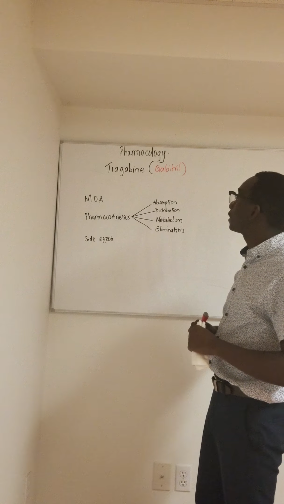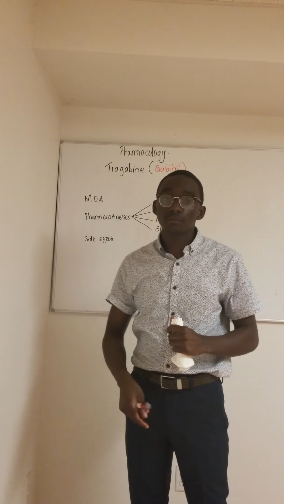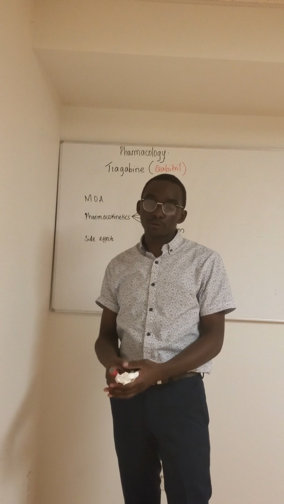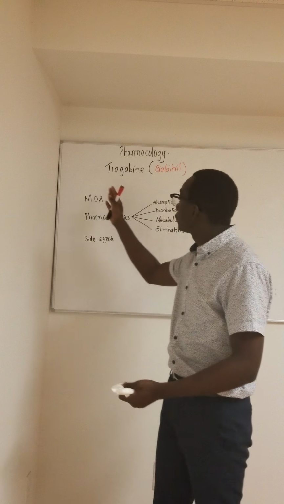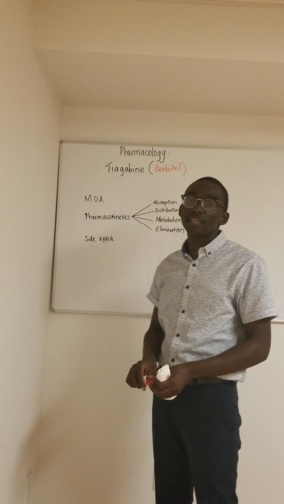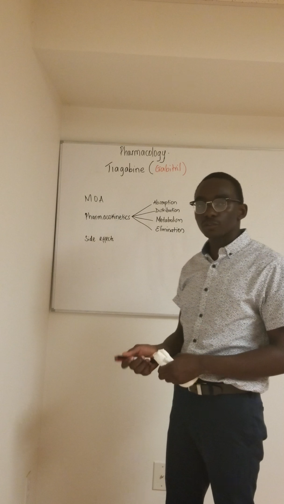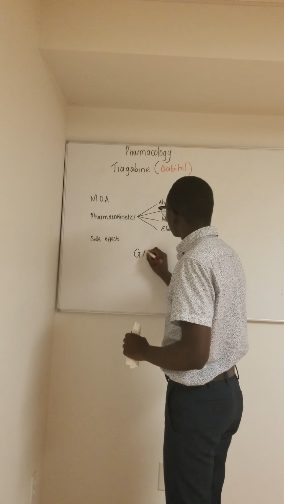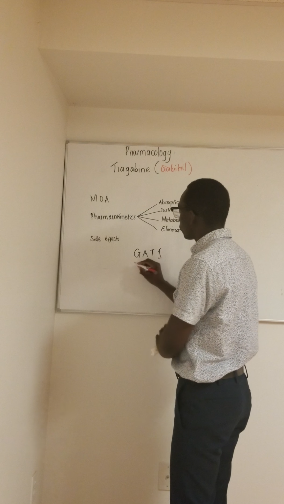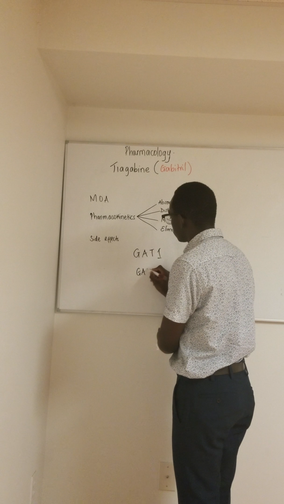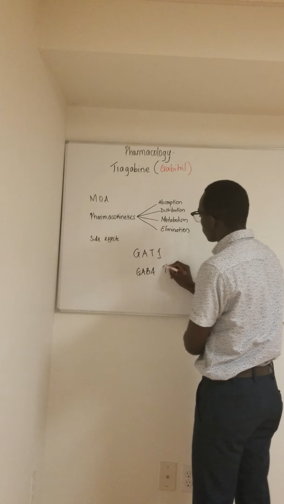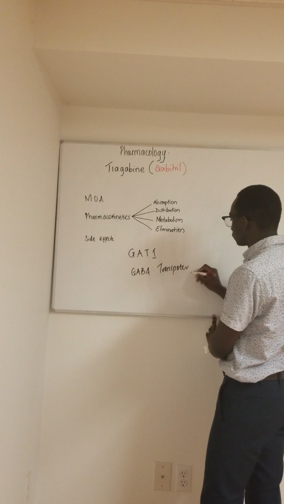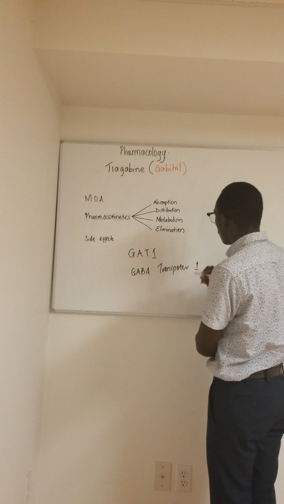To begin with the mechanism of action, we've seen so many anti-seizure drugs with different mechanisms of action. Tiagabine blocks the GAT1, which is the GABA transporter 1.